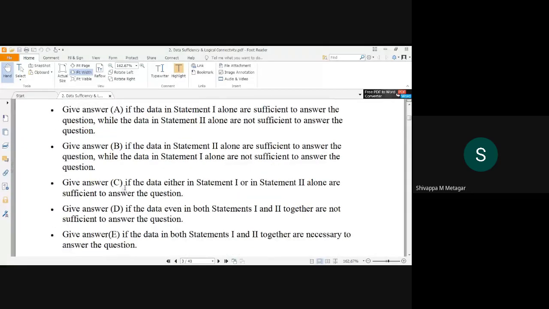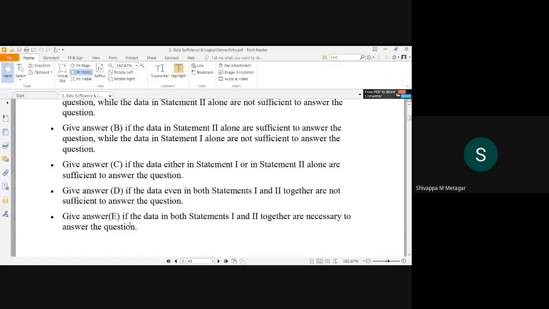The third option: the data in either statement 1 or statement 2 alone is sufficient to answer the question. The fourth one is, if the data even in both statements 1 and 2 together are not sufficient to answer the question. Last option: the data in both statements 1 and 2 together are necessary to answer the question.